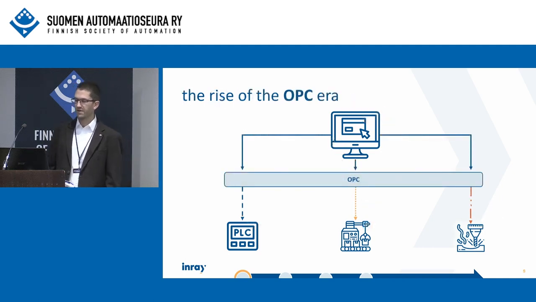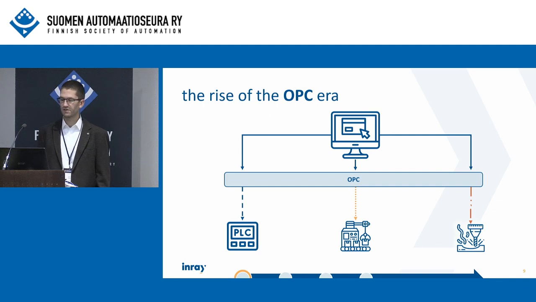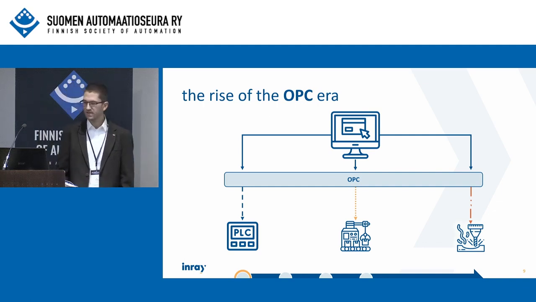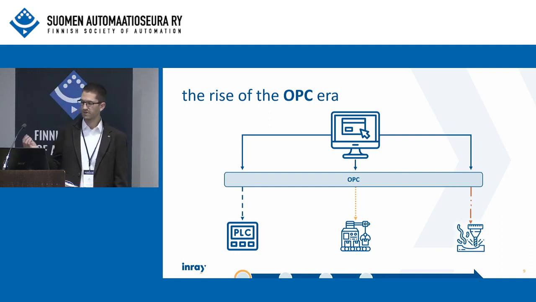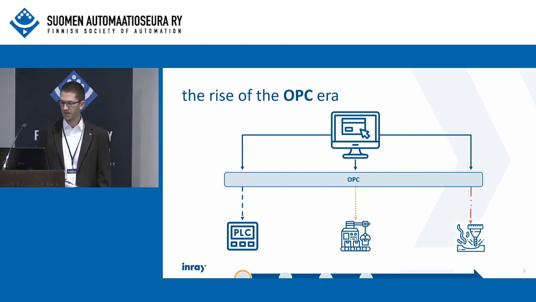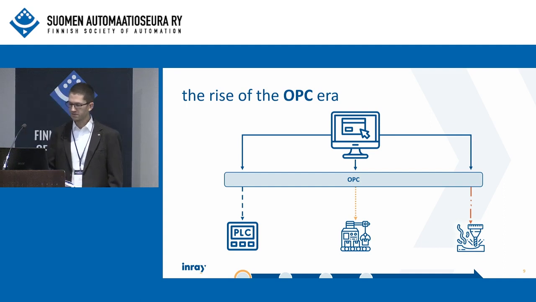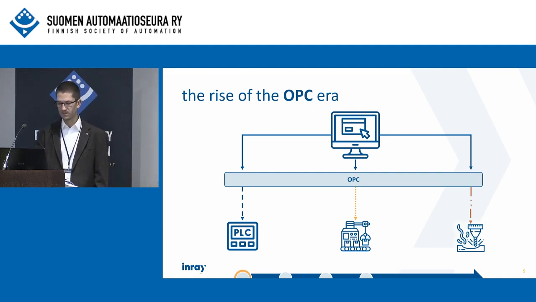With the rise of the OPC era, this issue got solved. Industrial device and component vendors were able to provide an OPC server for applications to connect to. These OPC servers would then translate the proprietary protocols to the OPC standard. In addition, there are several companies that implement OPC servers for devices for which there is no OPC server from the device vendor itself.